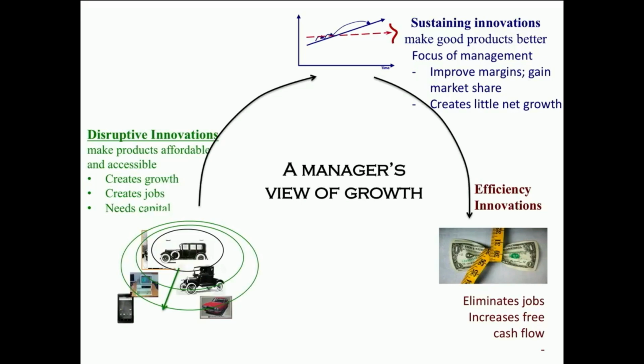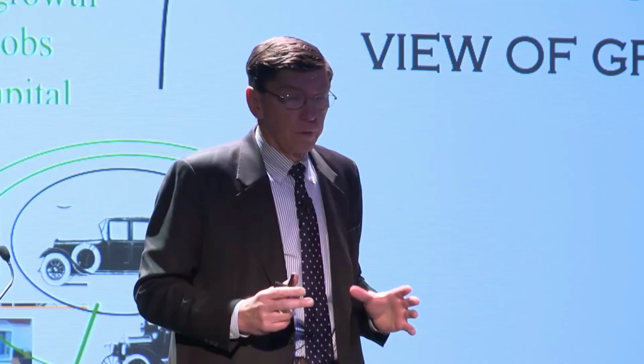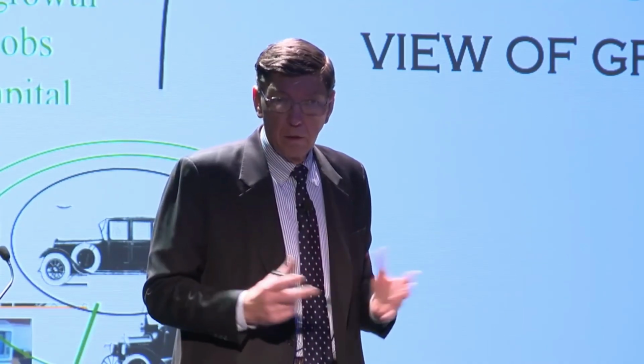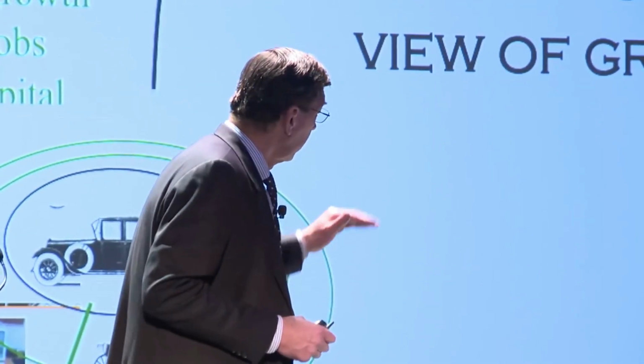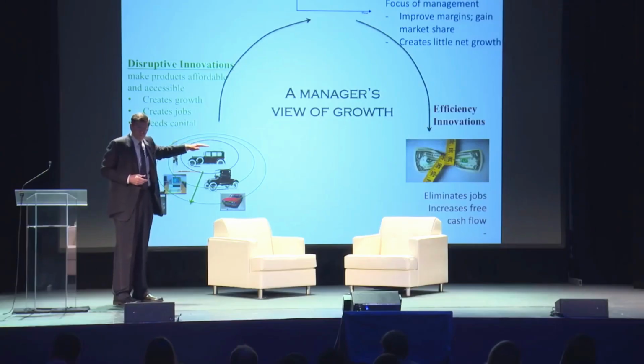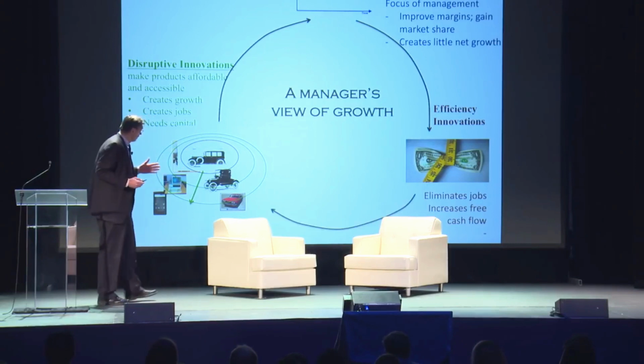And although they hire people to work for Walmart, in the community about 9% of the jobs in retailing are lost, because it's a more efficient way of doing things. Toyota Production System is an efficiency innovation. So they eliminate jobs, but they create free cash flow. And that's kind of neat.